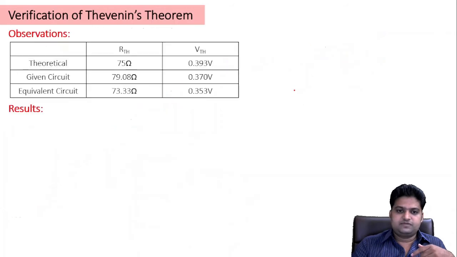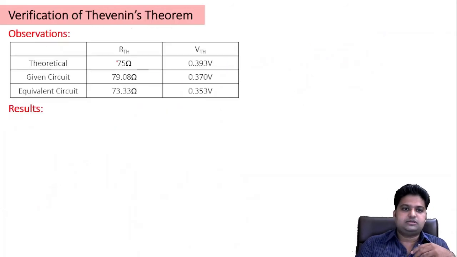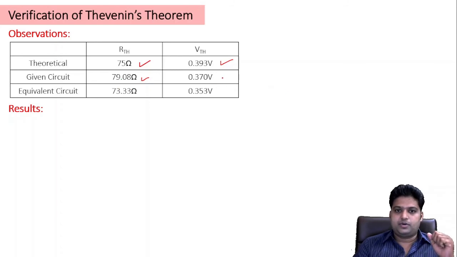Correct? So if I just tabulate the observations that I got: theoretically, I calculated 75 ohms and 0.393 volts. From the graph of the given circuit, I got 79.08 ohms, 79 ohms rather, and 0.370 volts. And the equivalent circuit is 73.33 ohms and 0.353 volts.